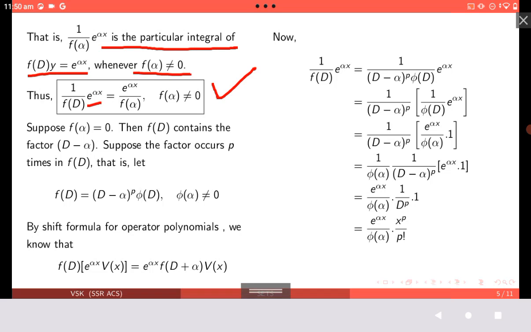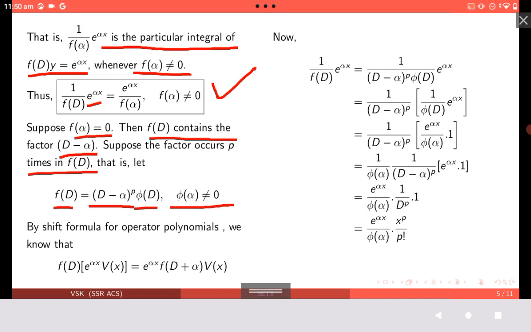Now suppose F(alpha) is equal to 0, then what will happen? Then F(D) contains the factor D minus alpha. Suppose this factor occurs p times in F(D). So F(D) can be written simply as (D minus alpha) to the power p times phi(D), where phi(alpha) is not equal to 0 in this case.